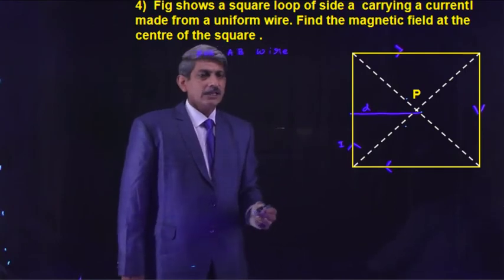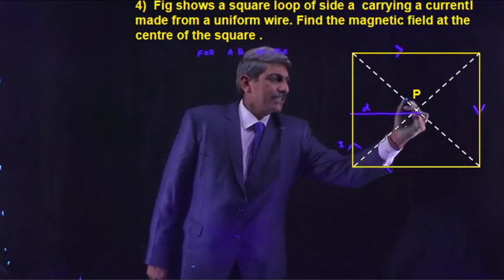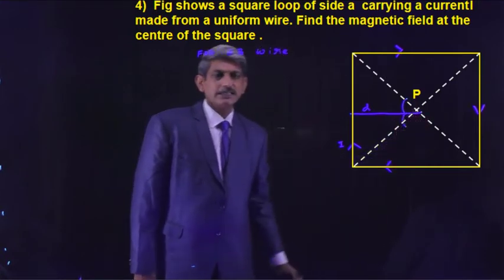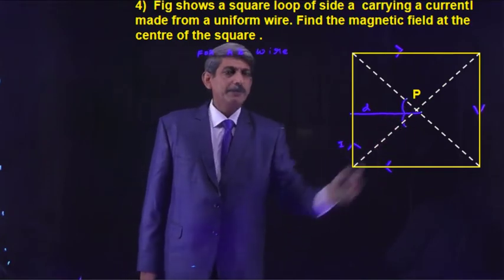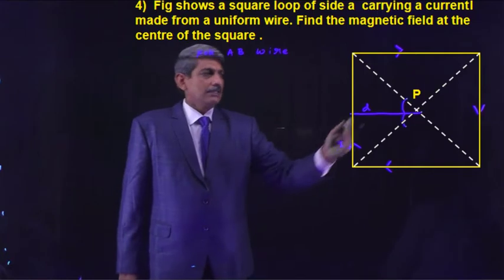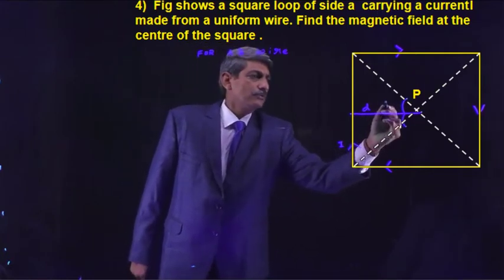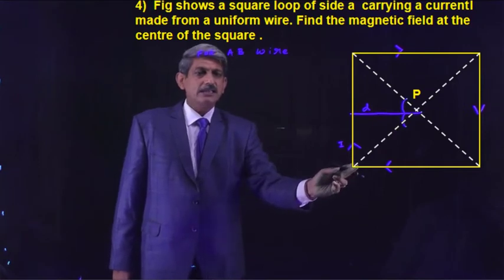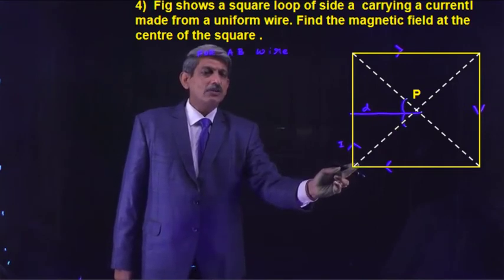Now, what is the angle made by the top point and the bottom point at the point P? At this corner, the total angle is equal to 90 degrees.